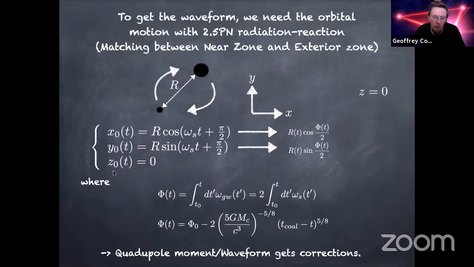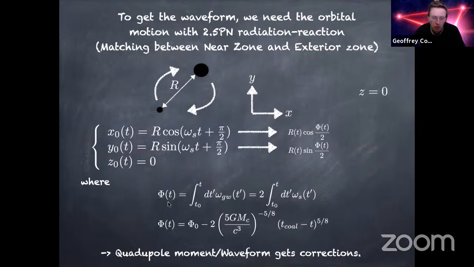We start with the inspiral. Instead of the circular motion, we start with an inspiral, where we now have to replace these parameters with the ones that are evolving in time. So the radius is evolving in time, and the frequency here is also evolving in time.